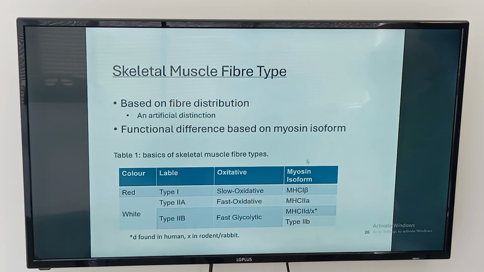The myosin isoform, or the myosin heavy chain, its other name, is the motor protein of the thick filaments. It's called an isoform because it has different characteristics for different properties of muscles.